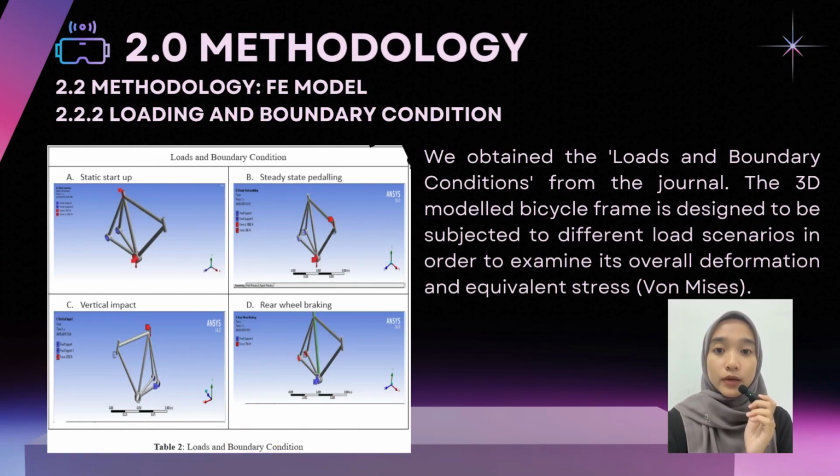Next, we apply the load and boundary condition based on the information from the journal. This means we test the frame under different forces such as steady state startup, steady state pedaling, vertical impact, and rear wheel braking. We do this to observe how the frame reacts, especially how much it deforms and how much stress is received, which we measure using equivalent von Mises stress.